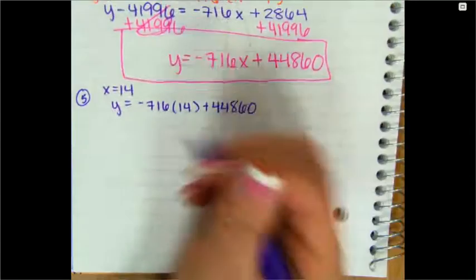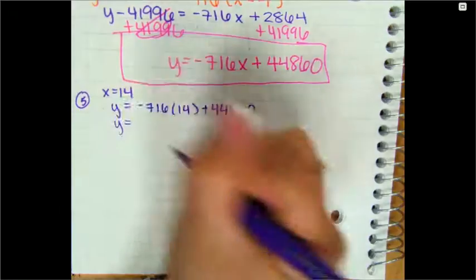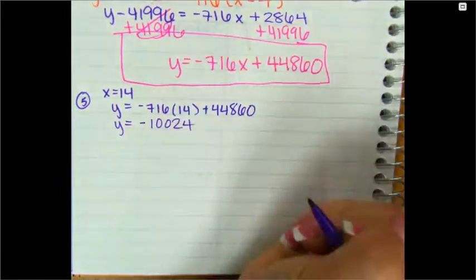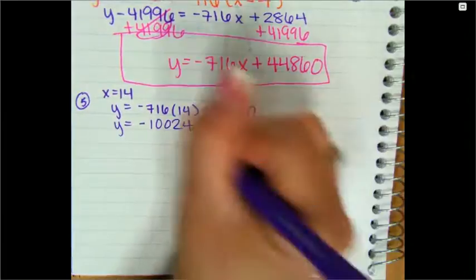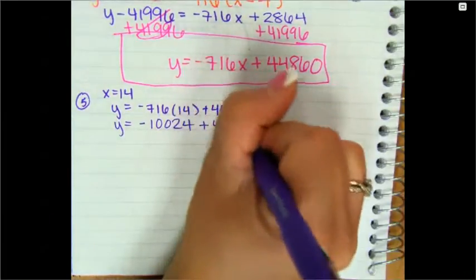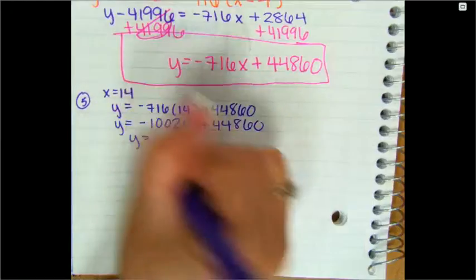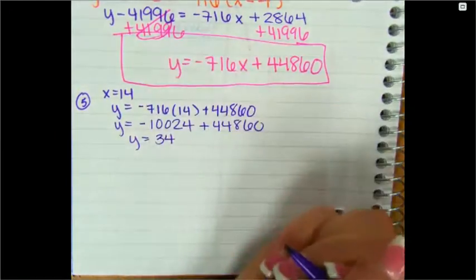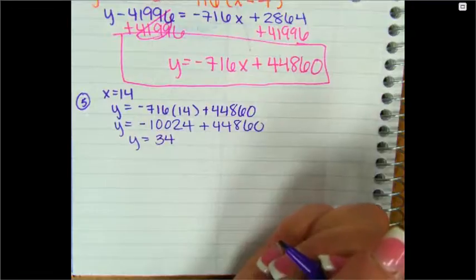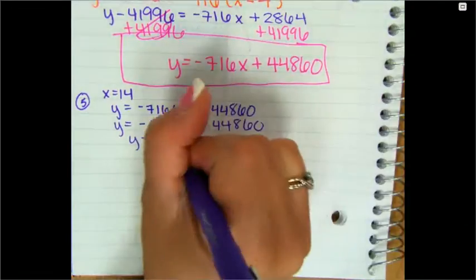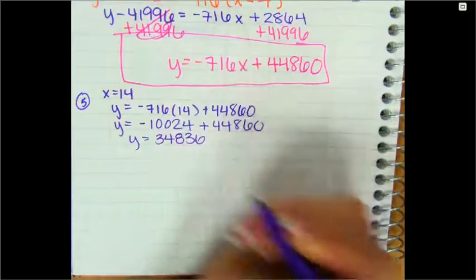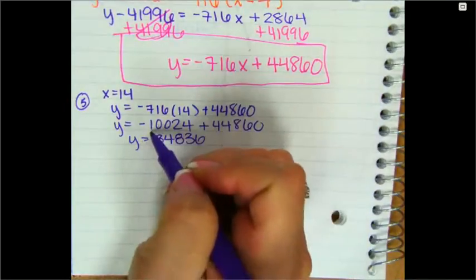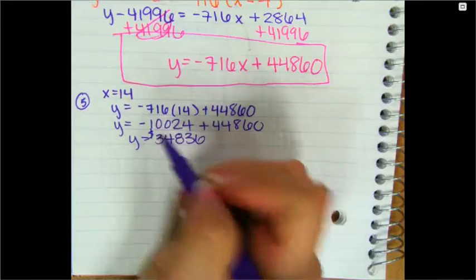What is negative 716 times 14? 10,024 like that? Okay. Plus 44,860. So what does y equal? 34,836. And what does that mean? Income, which means it should be a dollar sign.